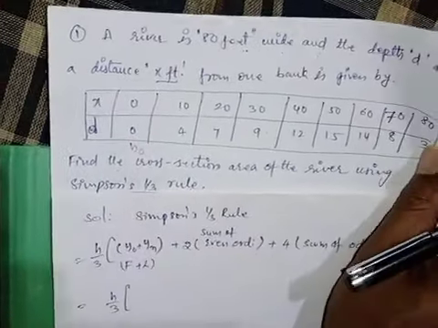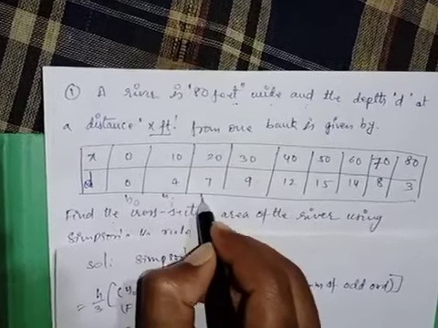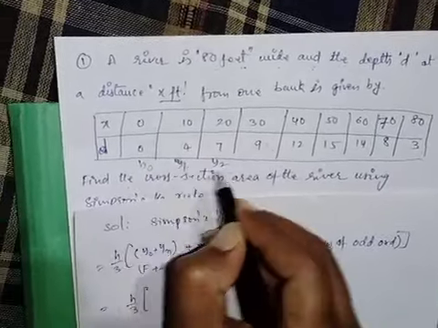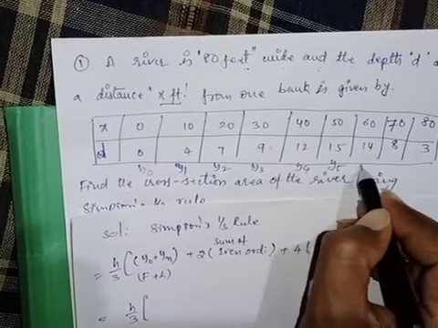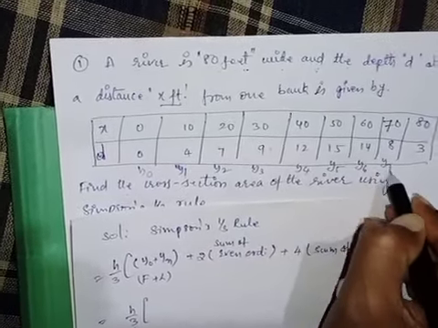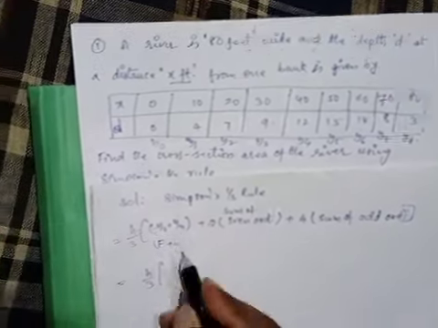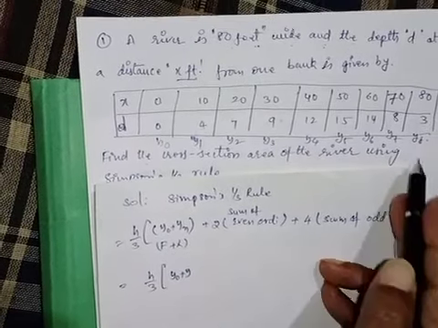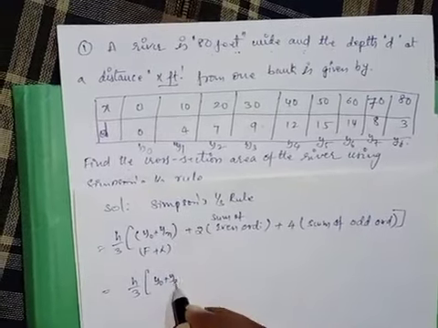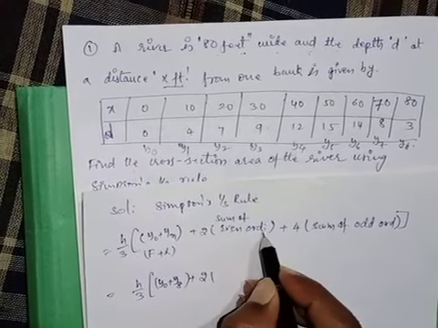this is y1, this is y2, this is y3, y4, y5, y6, y7, y8. Now substitute those values in the formula. y0 plus last value is y8, so this is y8 plus 2 into sum of even ordinates.